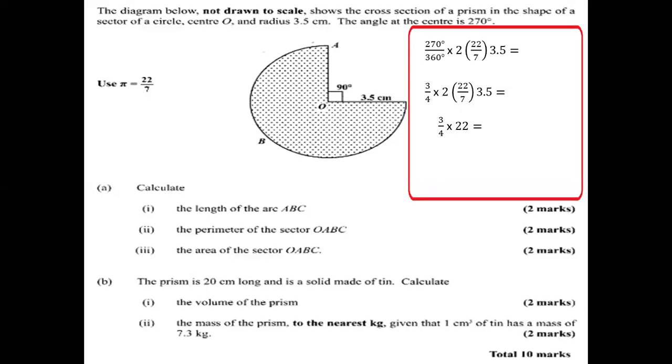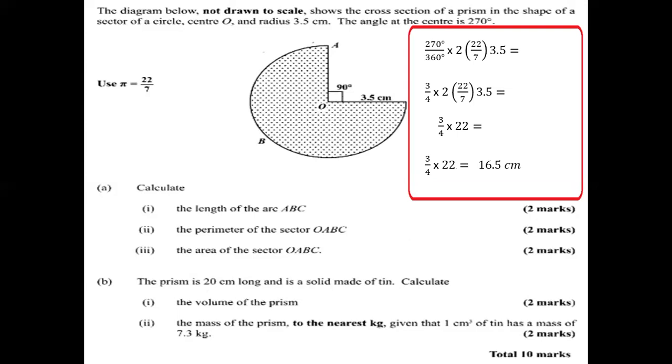And then the 2 would cancel the 2 beside that bracket there, leaving us with only 22. Please use a calculator to ensure that my answers are correct here. All right, so our final answer would be 3/4 times 22, which is 16.5, and that would be the length for our arc ABC.